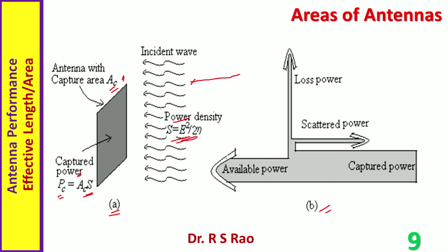Now B. Out of this captured power by the antenna, some gets scattered back, some gets consumed as losses. The remainder is available at the output terminals of the receiving antenna for further processing.